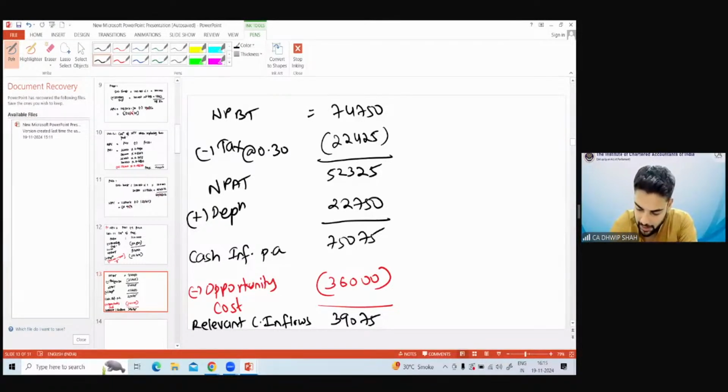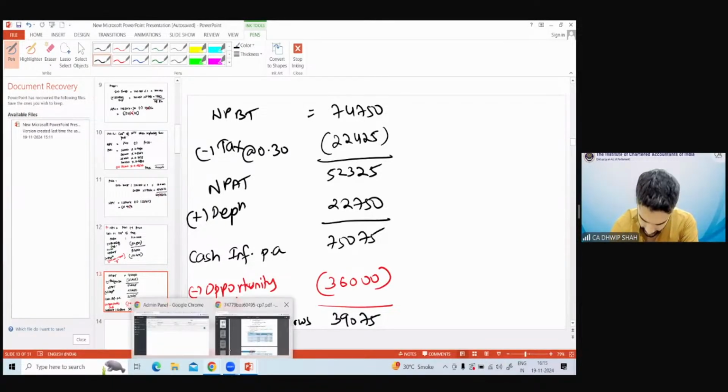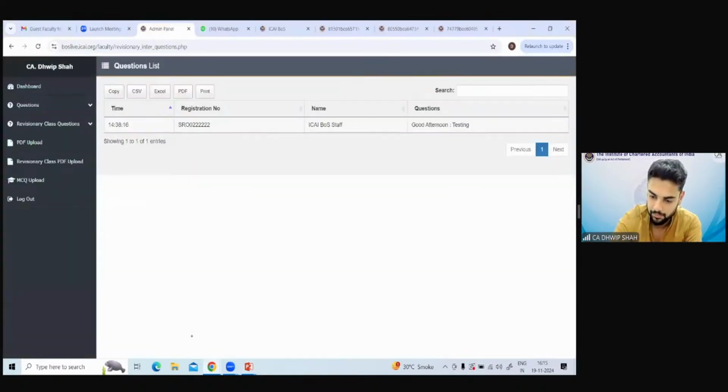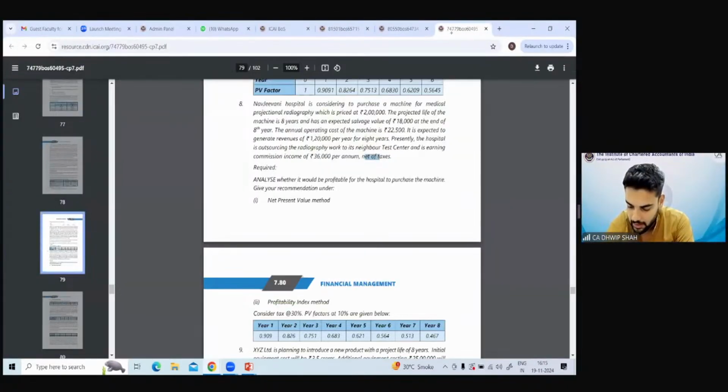So whereas my relevant cash inflows are 39,000 per annum, I simply need to discount these cash inflows every year with the discounting rate. Yes or no? Correct.